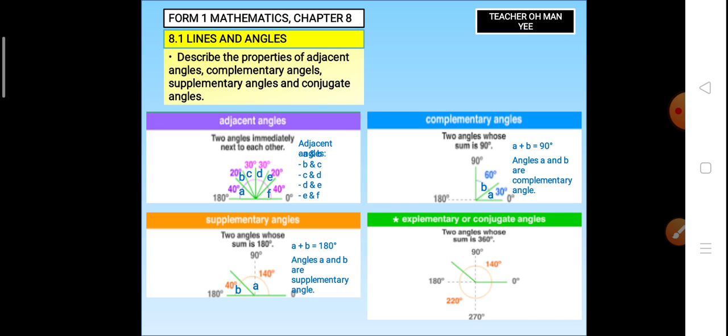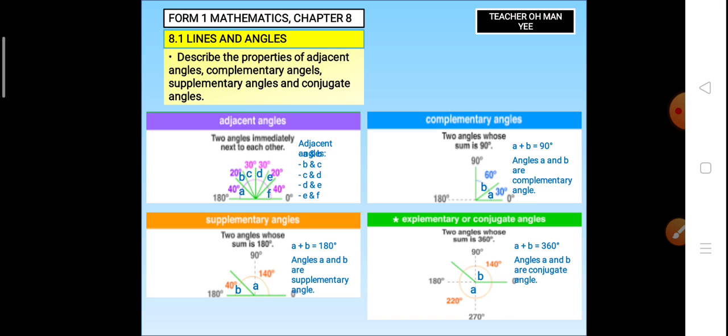And the last one, for sure you know what is going on, right? So we have angle A, which is 220 degrees, and angle B, which is 140 degrees. When we add both of them, we get 360 degrees. So here, we can group this adjacent angle as conjugate angles, as their total is 360 degrees.